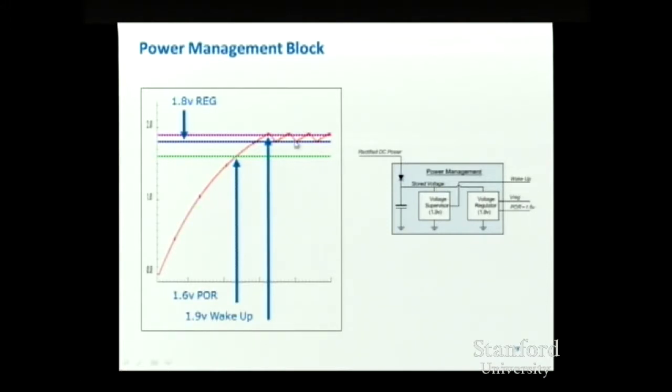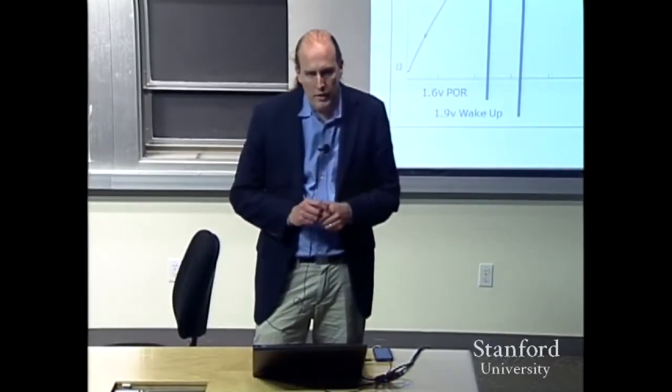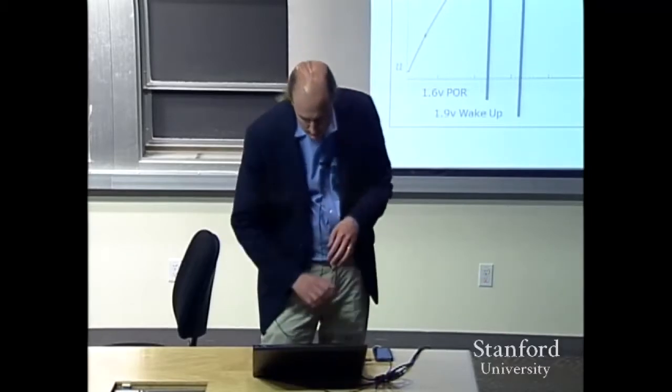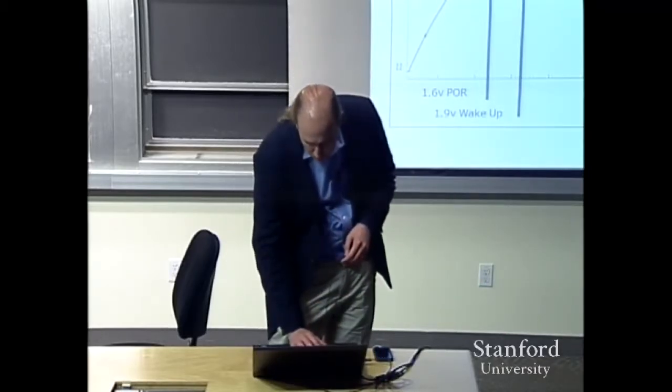But what you'll see is that this simple mechanism of having these 2 thresholds has the net effect of causing the tag to delay in proportion to the power available. So on average, the power expended by the tag ends up being exactly the same as the power available. It's a very simple mechanism that has nice properties.